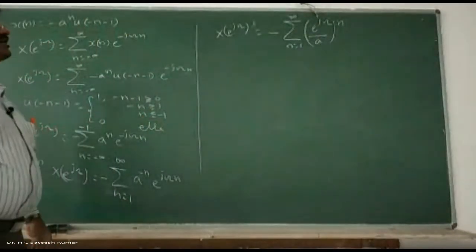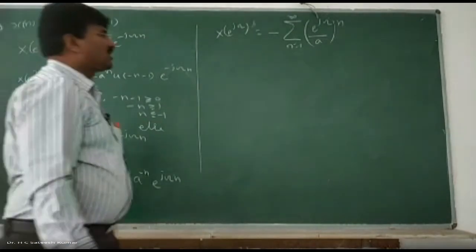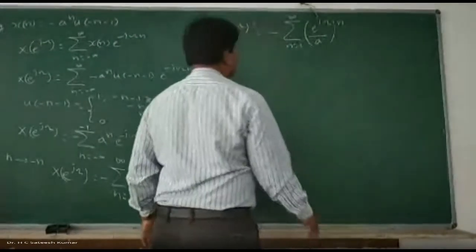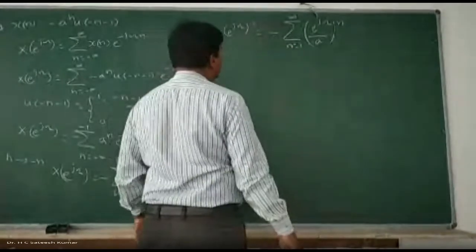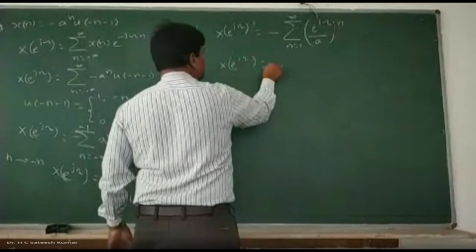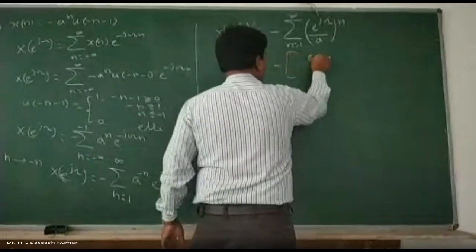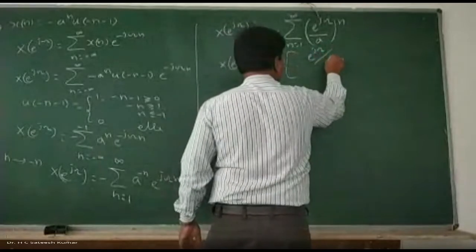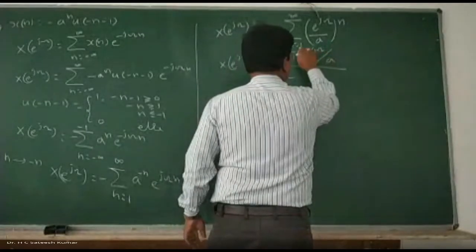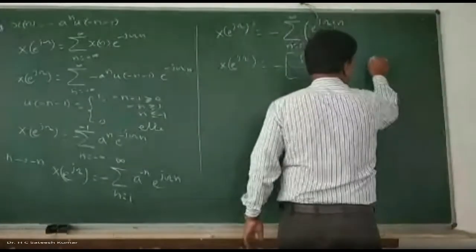We have a formula for this one. Summation n varies from k to infinity a power n is equal to a power k divided by 1 minus a, provided magnitude of a is less than 1. Okay. So therefore, x of e to the power of j omega is equal to minus e to the power of j omega divided by a, whole to the power of k, where k is 1. This is one formula, you can recall it.